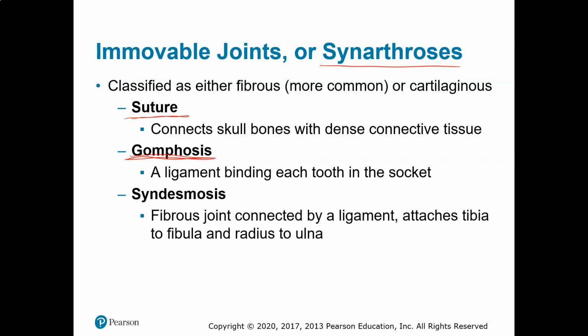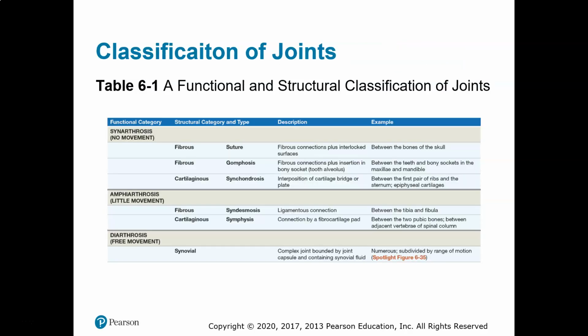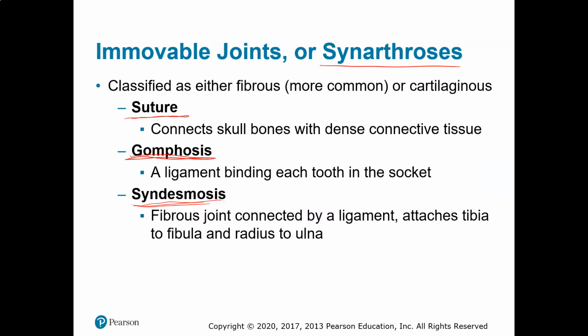And then a syndesmosis is a cartilaginous immovable joint. I'm sorry, it's not. It's a fibrous joint. So it's also a fibrous synarthrosis joint. Let me look back at that table. Well, it says cartilaginous in the table. Yeah, I think this is a mistake because I know the suture is a fibrous joint and the gomphosis is a fibrous joint.